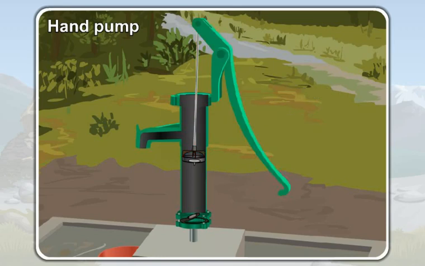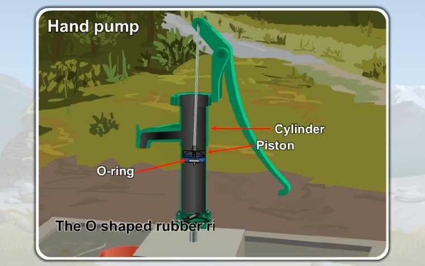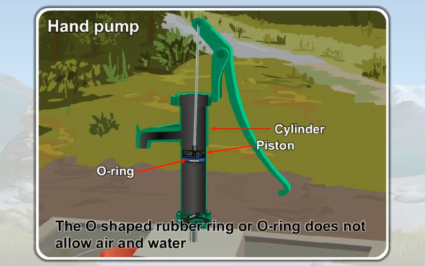At the upper side of the cylinder, there is a water outlet. At the lower end of the piston, an O-shaped rubber ring or O-ring is attached. The O-ring does not allow air and water to pass through it.